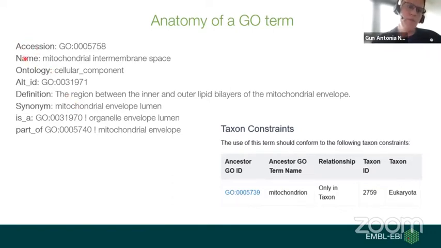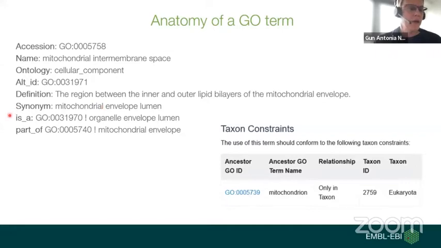There will also be a name. And when we annotate, we don't annotate to a name, but we actually annotate to the definition, which might be more specific than what the name implies, for instance. The term should also say what part of the ontology it is, if it's a component, a process, or a function.